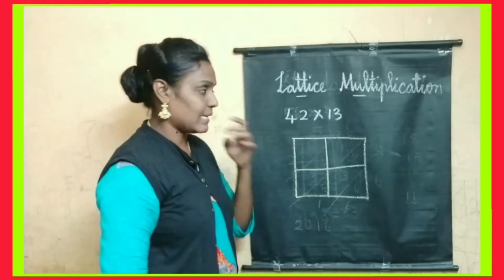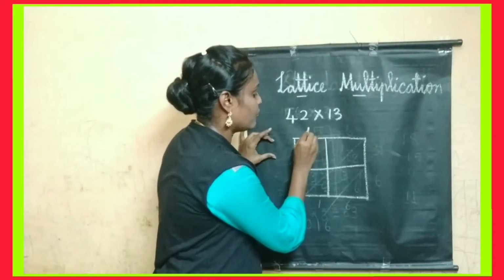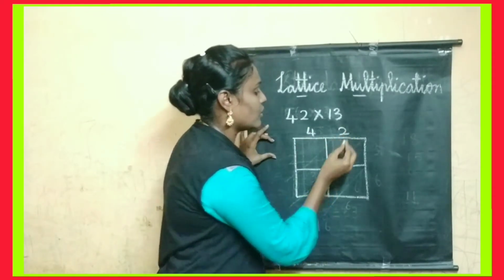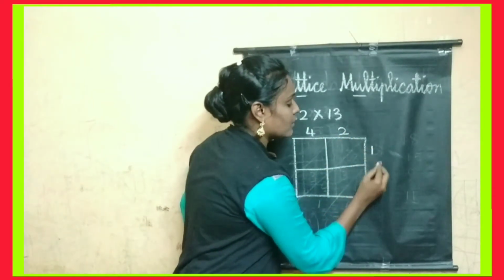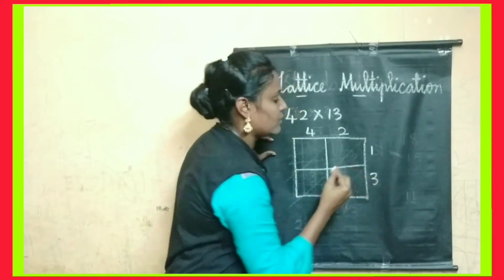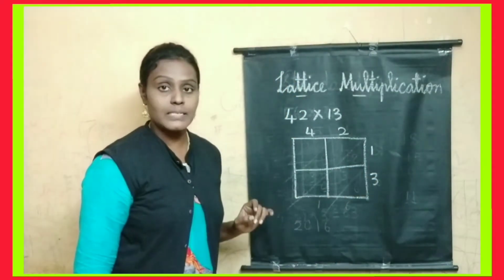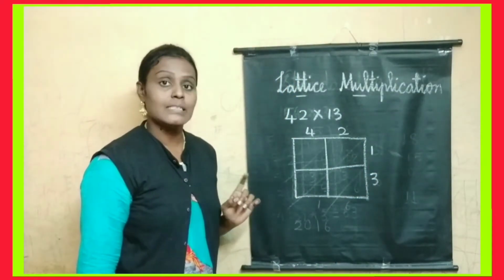Four squares and then write the numbers 42 on the top, 13 by the side. Next, we have to draw the diagonal.